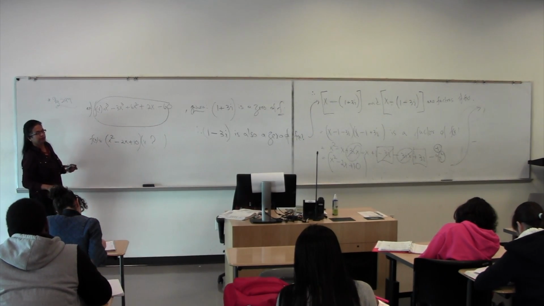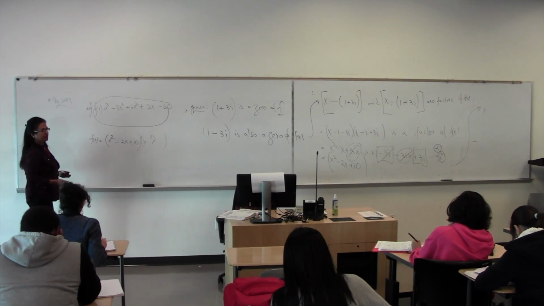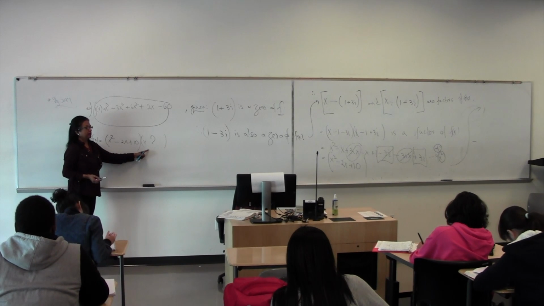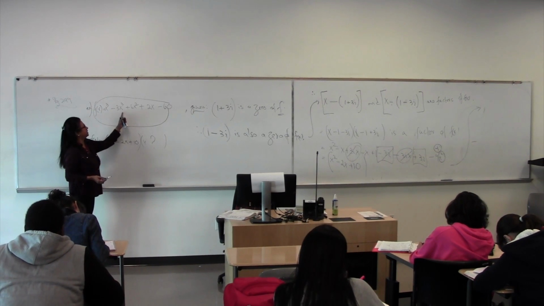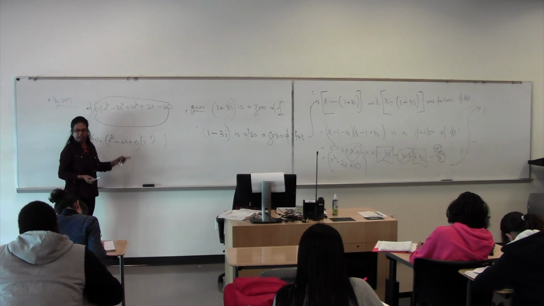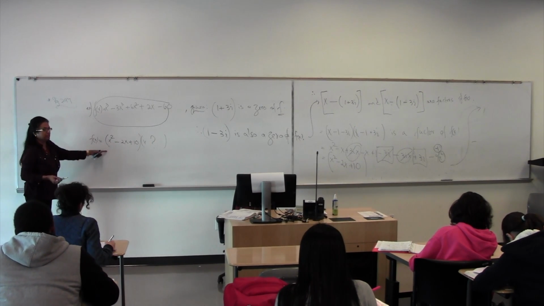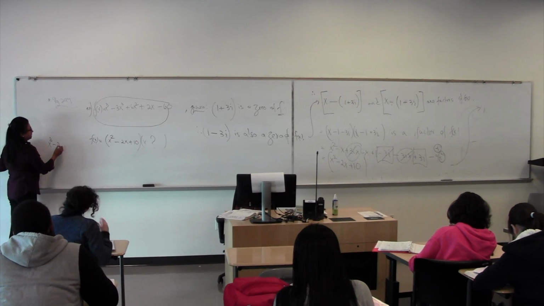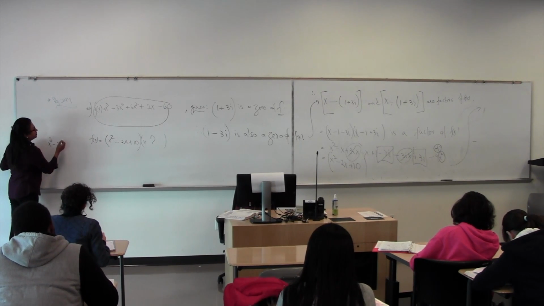So now what do we need to do? How do you find what this factor is? Divide. Divide, very good. We divide this by this. Remember, we have done this many times. So what do you get here? X to the 3 minus 3x squared.